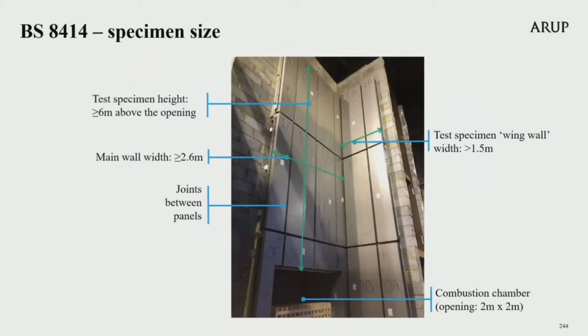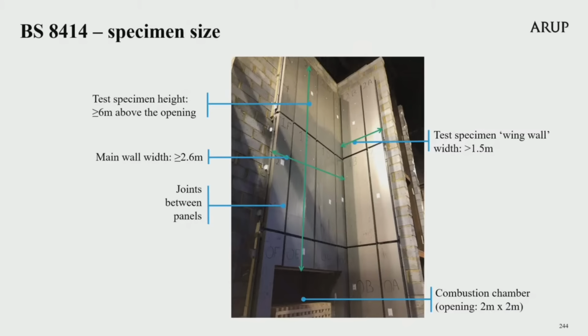Regarding the test rig used in the British Standard test, the test apparatus consists of a combustion chamber in which a fuel source is located at ground level with an opening area of 2 metres by 2 metres. The chamber is positioned such that the fire can project through the opening at the base of the main vertical test wall.